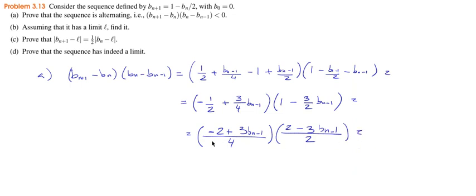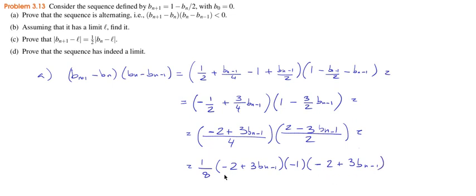So we can take 1/4 and 1/2 out, so this is 1/8 that multiplies minus 2 plus 3 b sub n minus 1, and as you can see here, this is minus 1 that multiplies minus 2 plus 3 times b sub n minus 1.